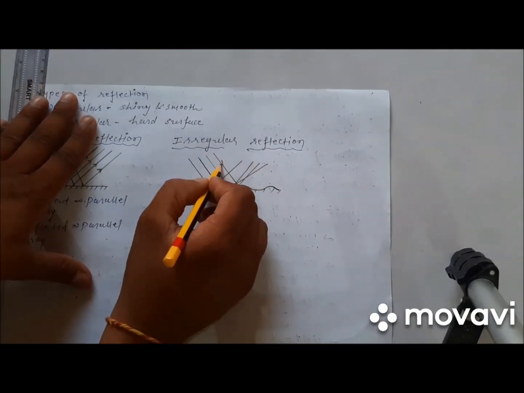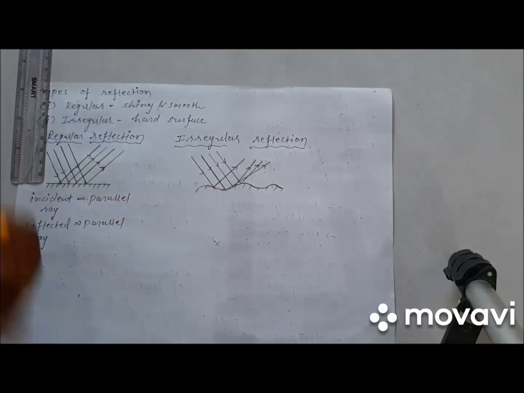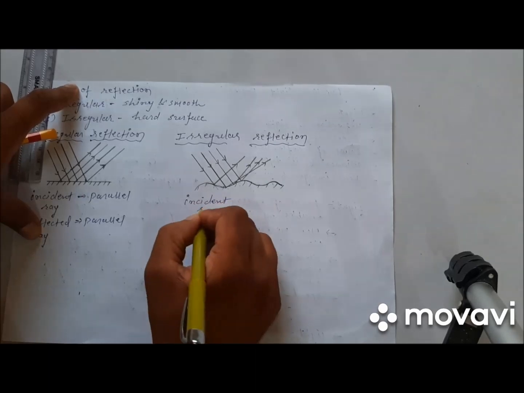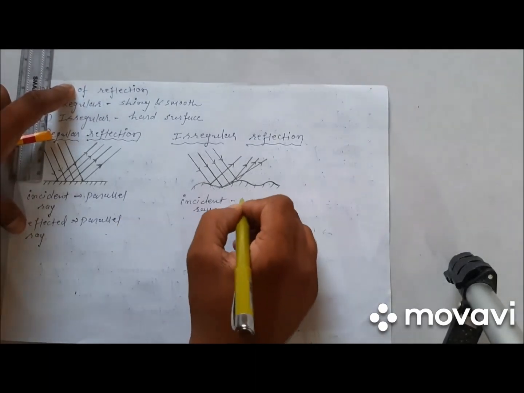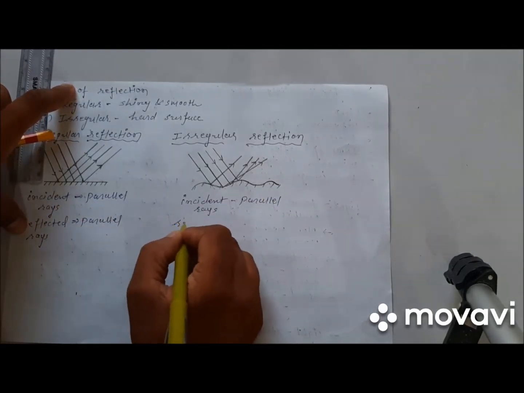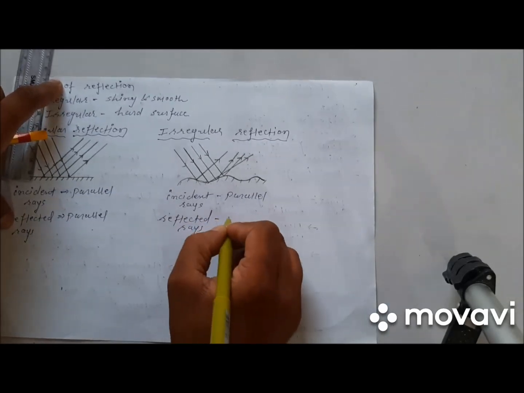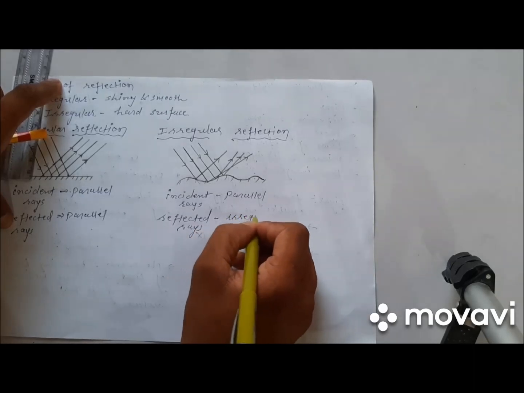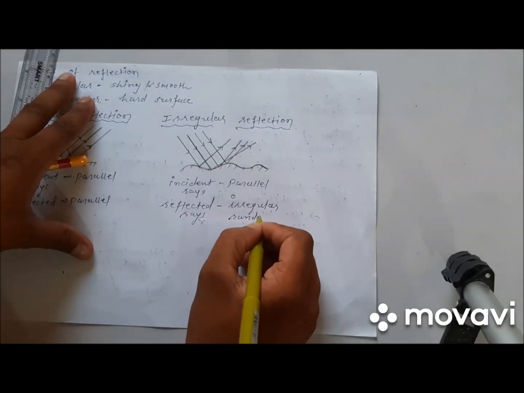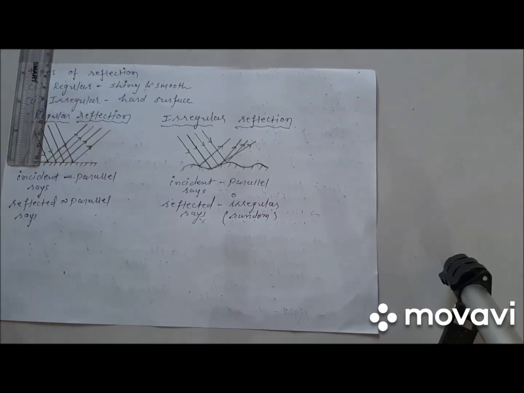Here you can see that the incident rays are parallel, but the reflected rays are irregular, means they are not parallel, they are in a random state. Such a type of reflection is called irregular reflection.